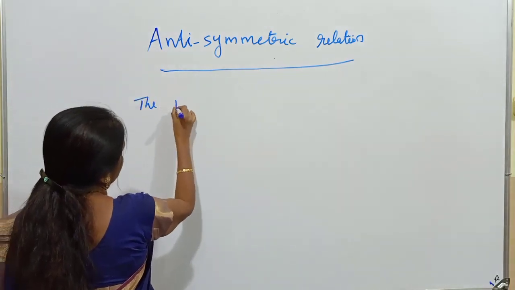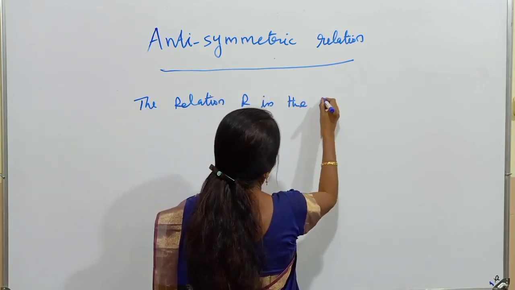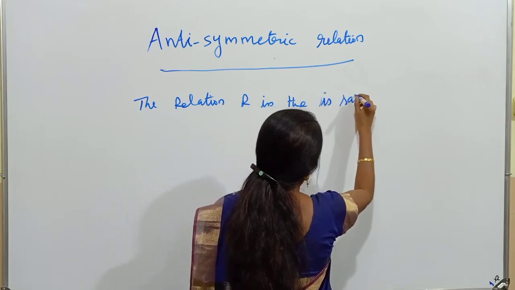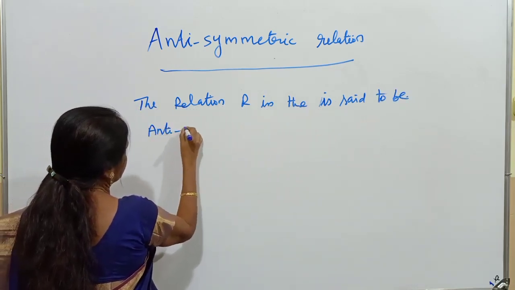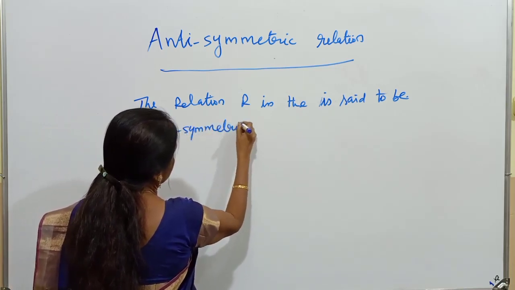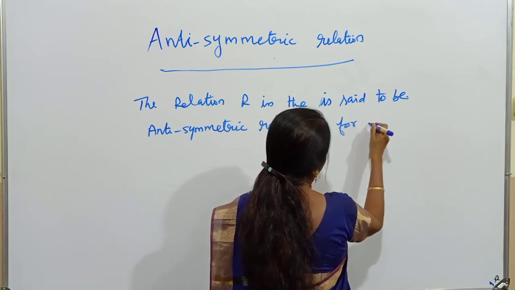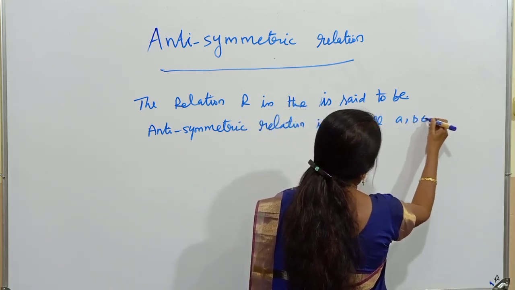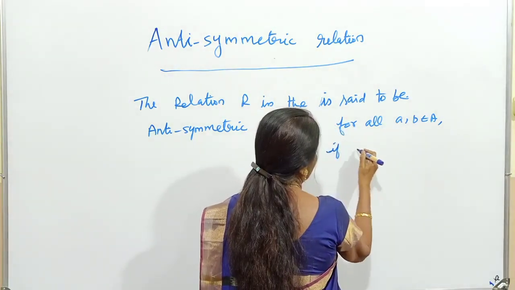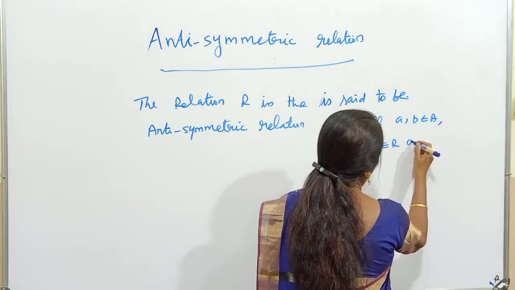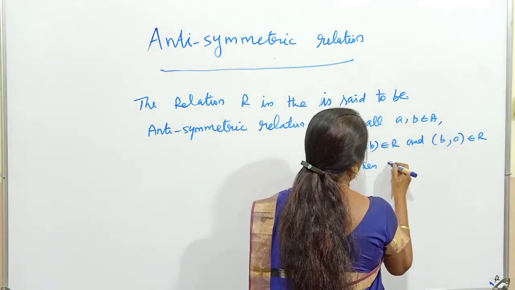The relation R in the set A is said to be antisymmetric relation if for all a, b belongs to the set A, if (a, b) belongs to R and (b, a) belongs to R, then a equal to b.